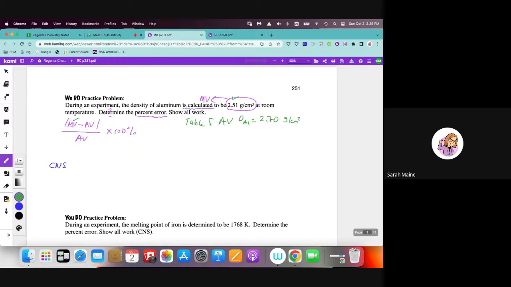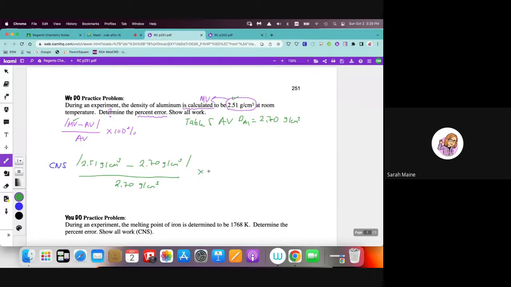So where it says MV, I'm going to put in my measured value. 2.51 grams per centimeters cubed minus my actual value, which is 2.70 grams per centimeters cubed according to our reference table. That difference is then divided by 2.70 grams per centimeters cubed.